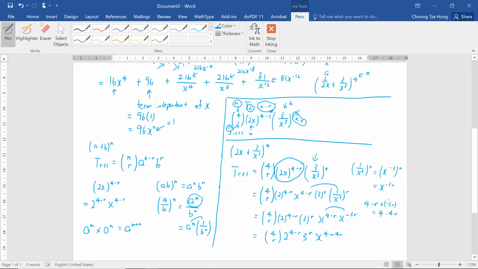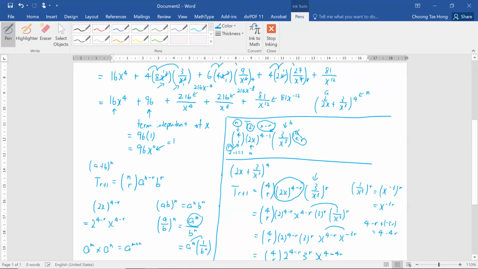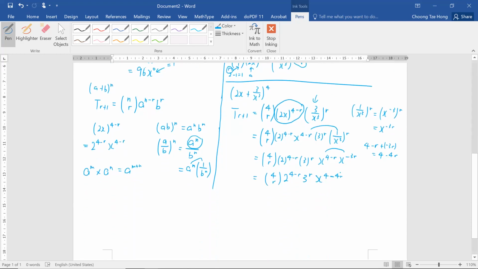Okay, so let's test it out on one of the terms. Let's say I want to find the coefficient of the x to the power of minus 8 term, right? So the coefficient is 216. What I will do is I will simply take this power and equate it to minus 8, because I want the x to the power of minus 8 term.